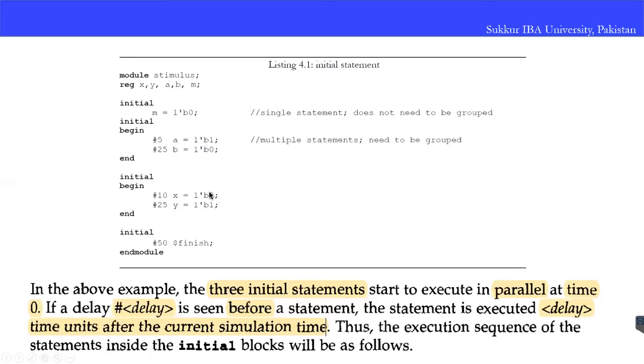The final initial statement is about a system task. In the final statement, we are using a system task to finish the simulation.